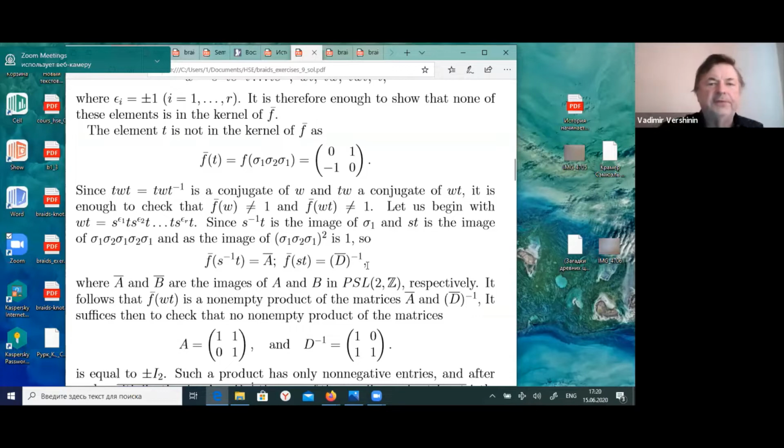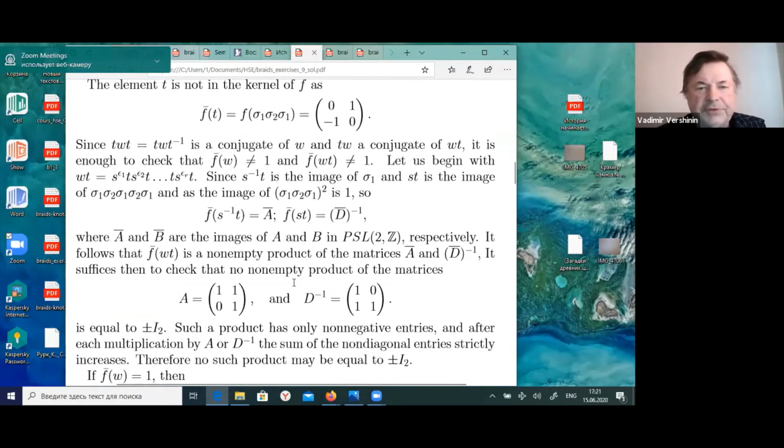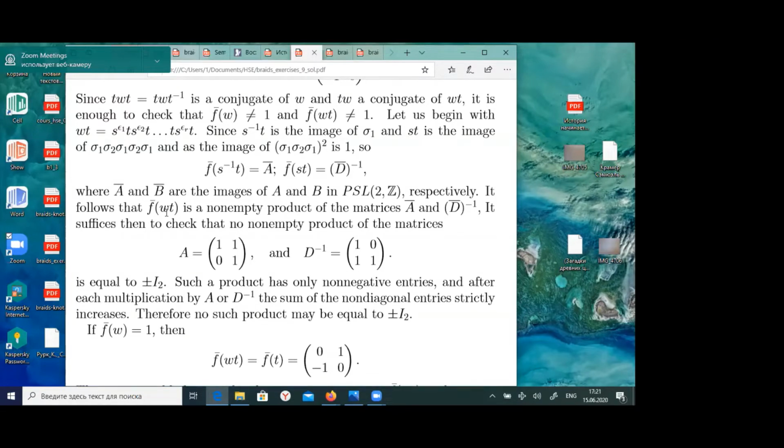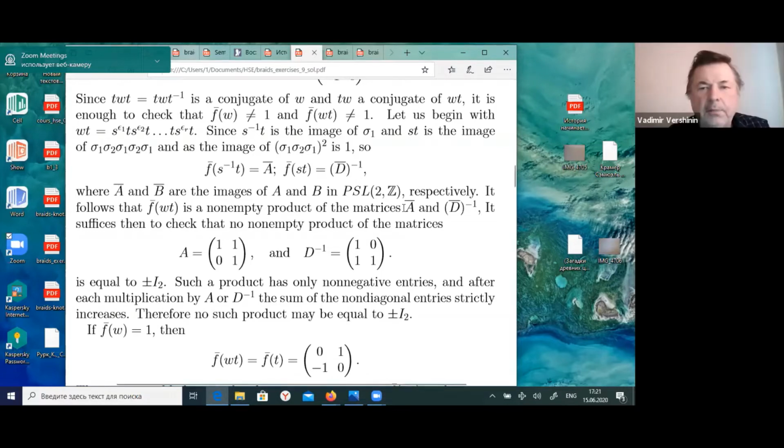So we have these equalities, where we denoted A bar, B bar the images of matrices A and B in the projective special SL to Z. Then by definition WT is a non-empty product of the matrices A and D minus 1.